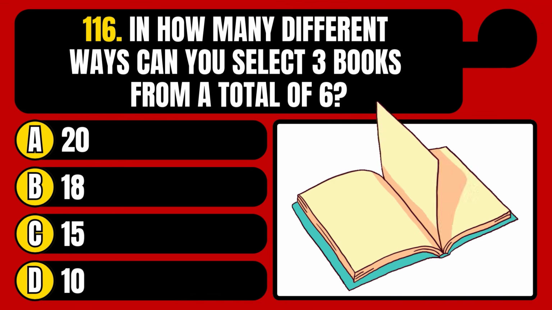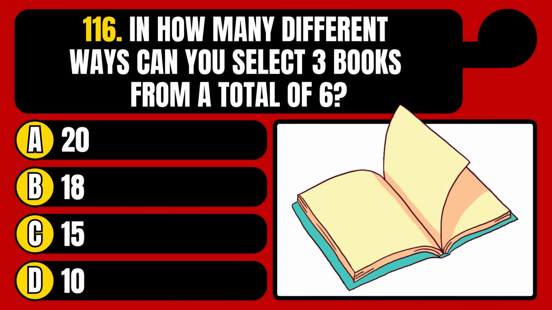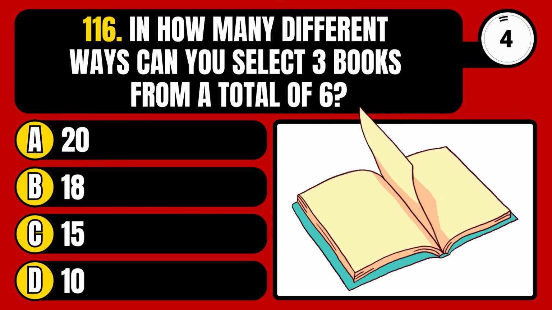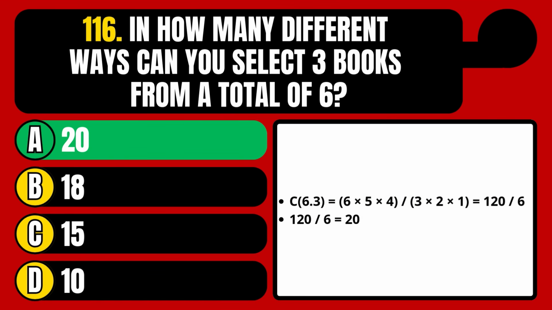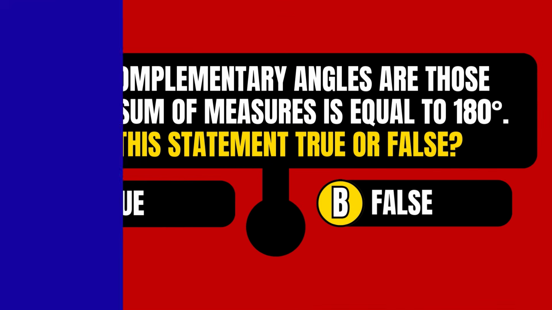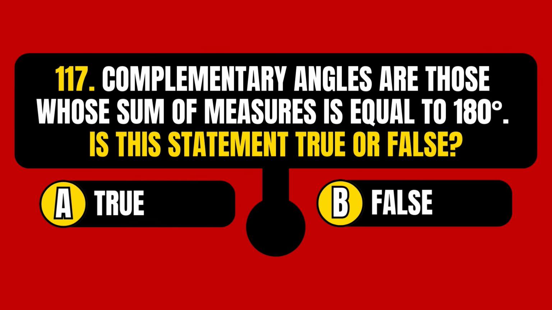In how many different ways can you select 3 books from a total of 6? 20, 18, 15, or 10? The correct answer is option A, 20. Complementary angles are those whose sum of measures is equal to 180 degrees.